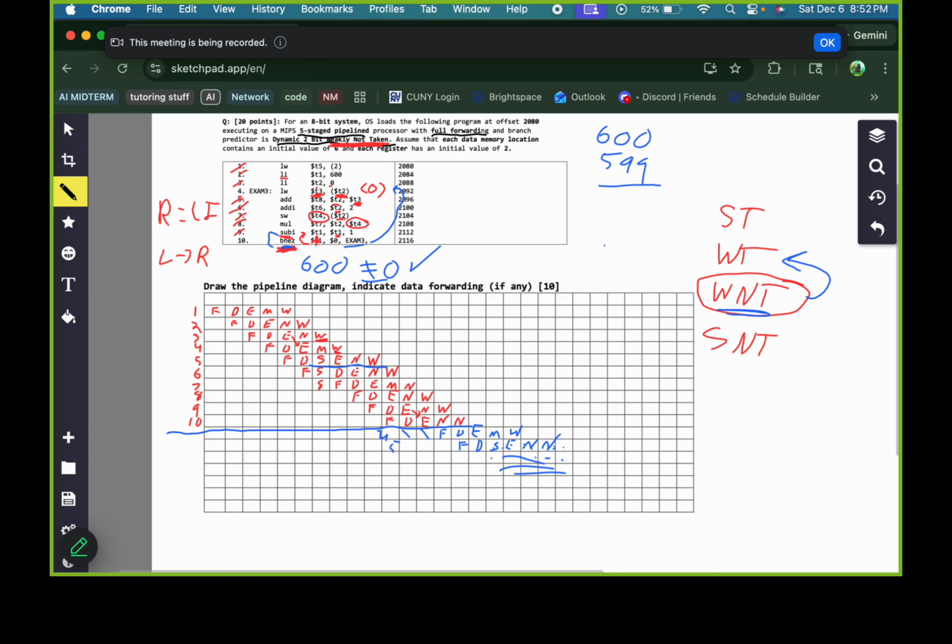I loop again. But the difference is instead of starting over here, I'm going to end up starting over here. So this is going to look like this. Fetch, decode, exec, mem, write back. Fetch, decode, stall, exec, no ops. Wait, I'm sorry. Wait, is that supposed to be that? No ops, W. I'm sorry, that's supposed to be a W.